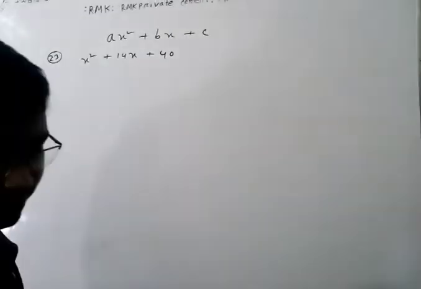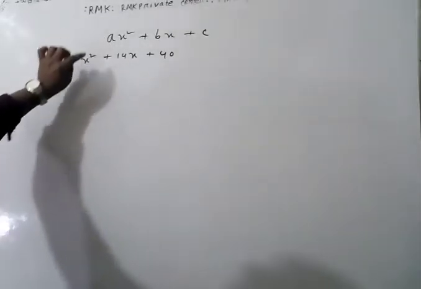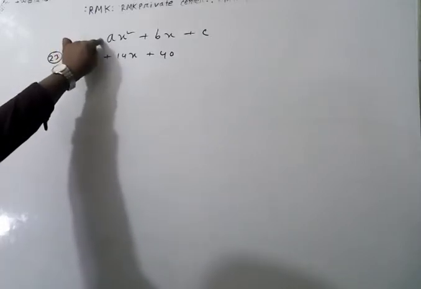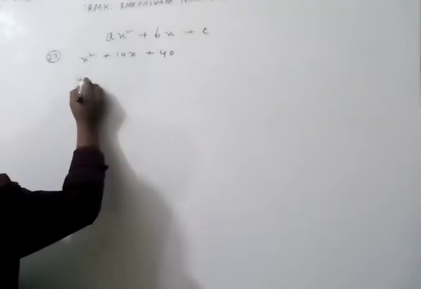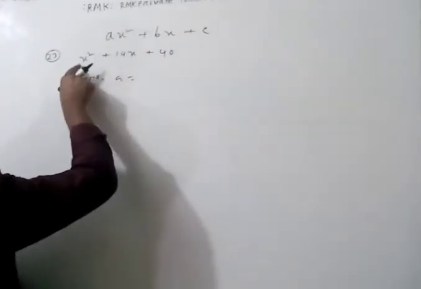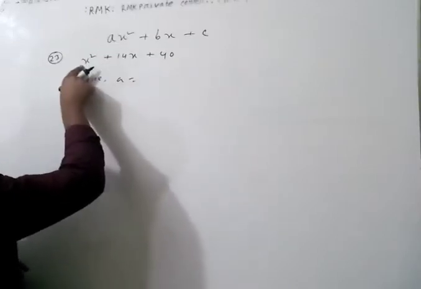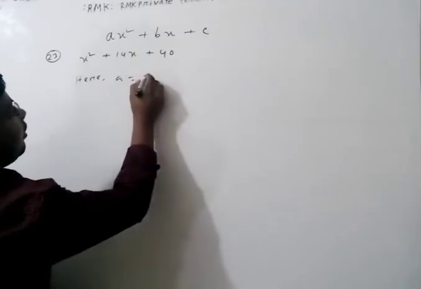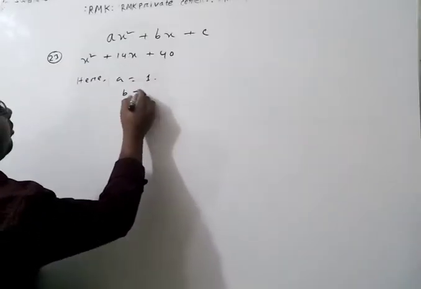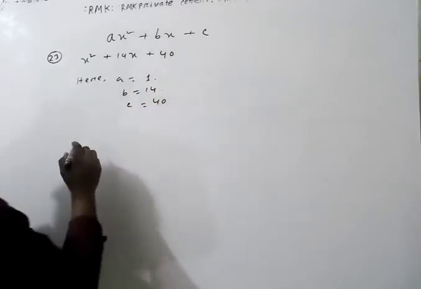Look at me, my dear students. Is this just like this? Yes, this is just like the second order algebraic expression. Clear? Here, the coefficient of x square is a, but here nothing is written, so a equals 1. Here, b equals 14, c equals 40. Okay.